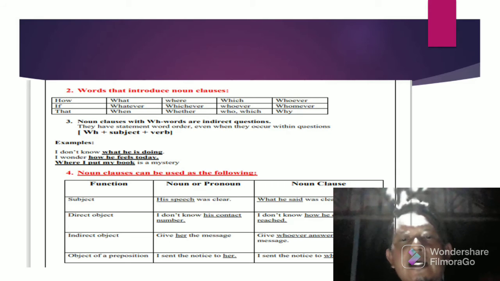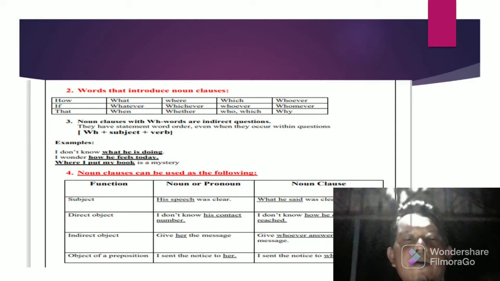With a noun clause: I don't know how he can be reached. Then, as an indirect object: we can give her the message. With a noun clause: give whoever answers the message. As the object of a preposition: I send the notice to her. I send the notice to whoever.